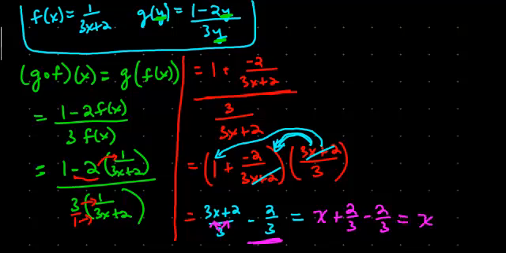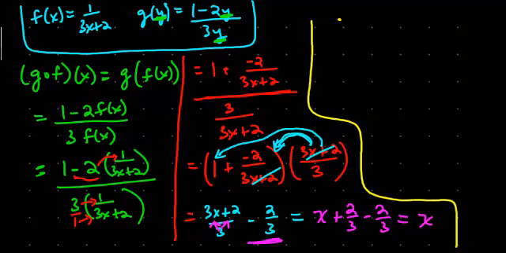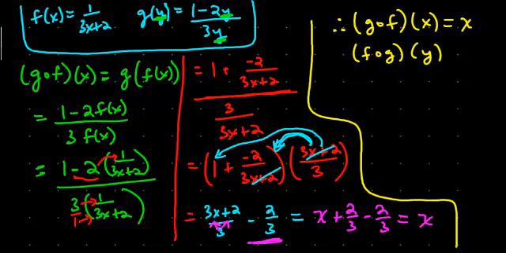So we found that we got the identity function again. Therefore, g composed with f of x equals x, and before we got f composed with g of y equals y, and we showed it both ways.